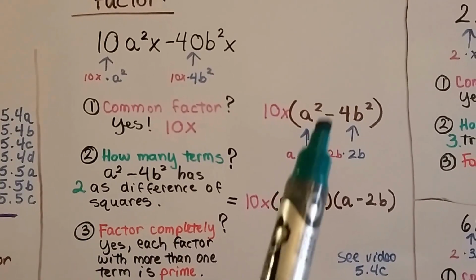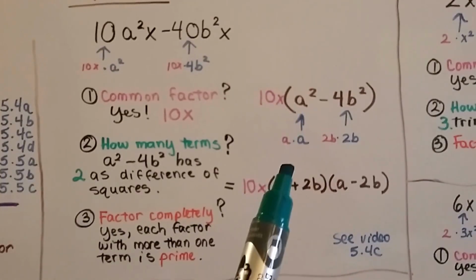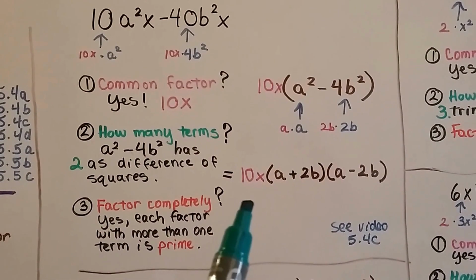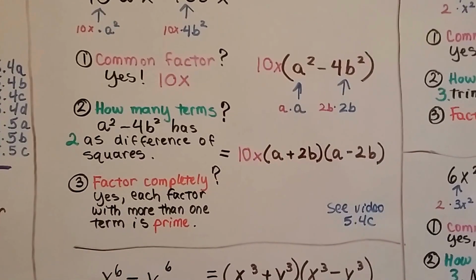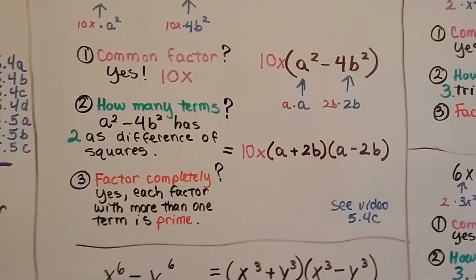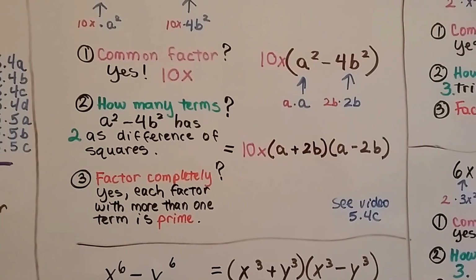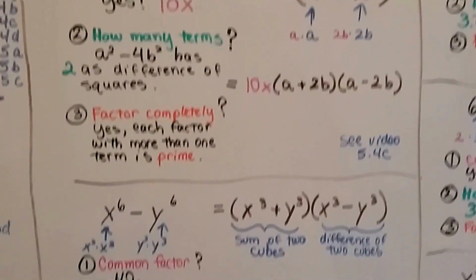Because we have a minus sign here, it's the difference of squares. They're both squared. This is a squared times a squared, and 2b times 2b. We get a plus 2b, a minus 2b. And yes, we've factored each completely because each one is prime, okay? We went over that in 5.4c.